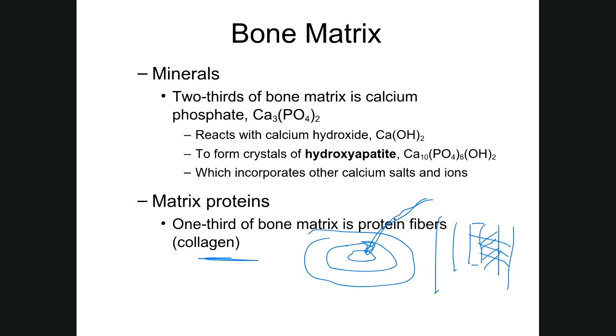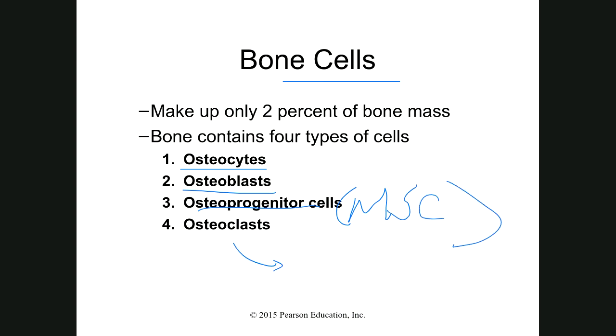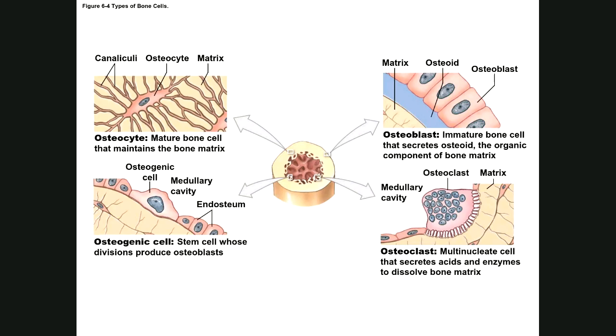All right, so the cells in the bones are, we know that osteocyte, it's the same thing as osteoblast, osteoprogenitor, the same thing as mesenchymal stem cells, and then osteoclast, which, remember, chew up bone. That's the osteoclast. Here just shows you what they look like.